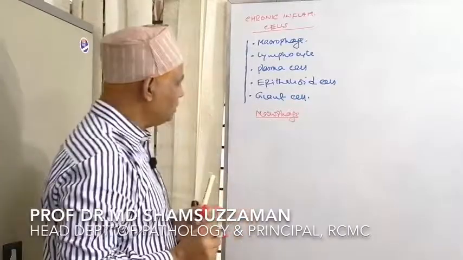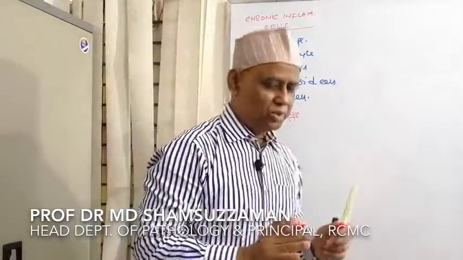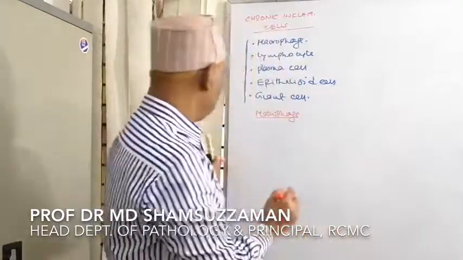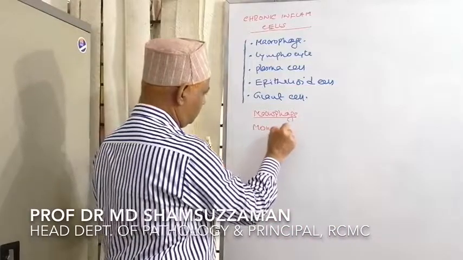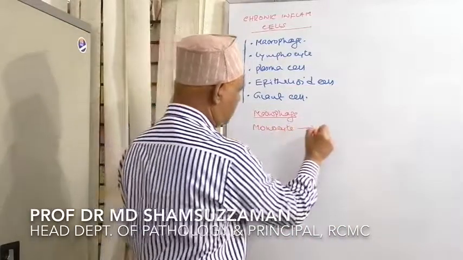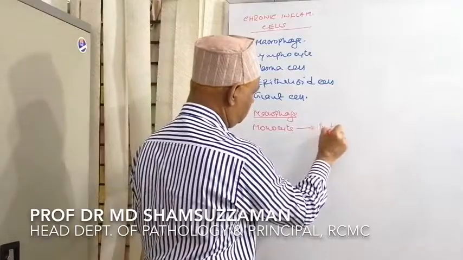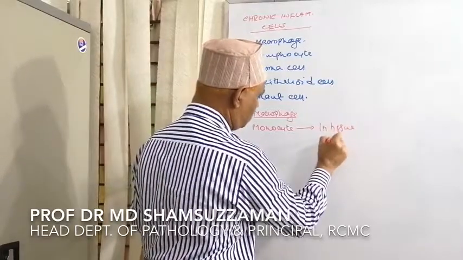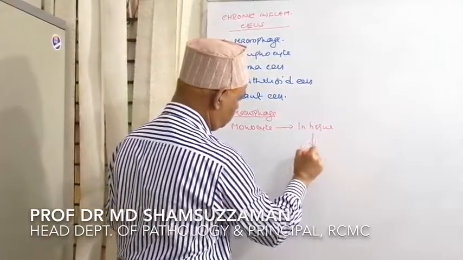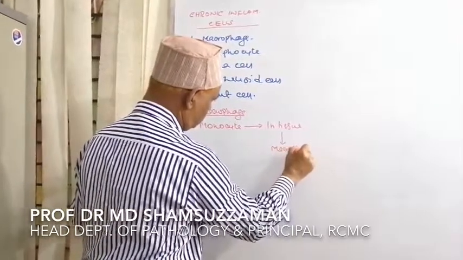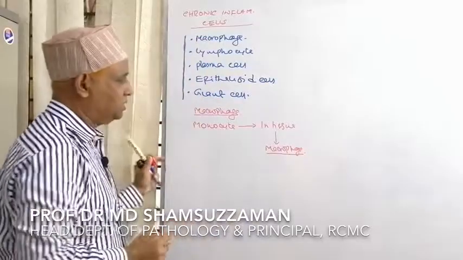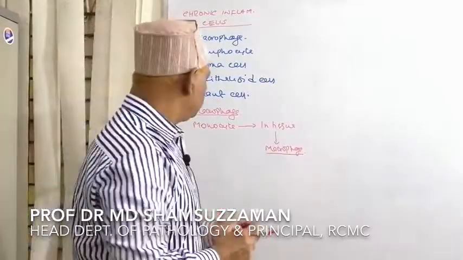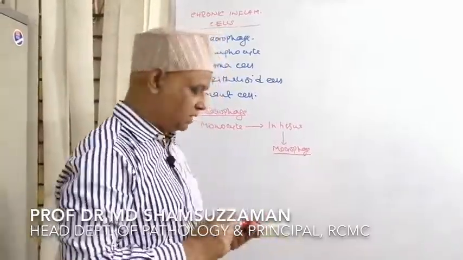Dear audience, you know in blood monocyte is one of the WBC cell. When this monocyte comes in tissue, it is converted to macrophage. So macrophage is derived from monocyte, and we can recall tissue monocyte is called macrophage.